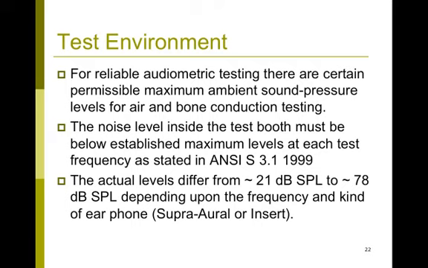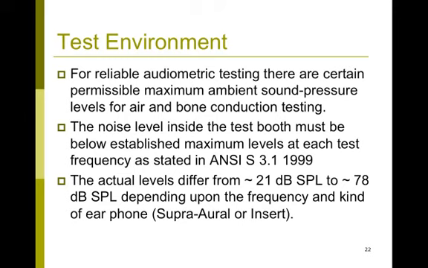Another important variable that affects your test results is the environment where you're doing this testing. For reliable testing, we need to make sure that the test environment meets some ambient sound pressure levels for ambient noise, and the norms are again provided by ANSI.